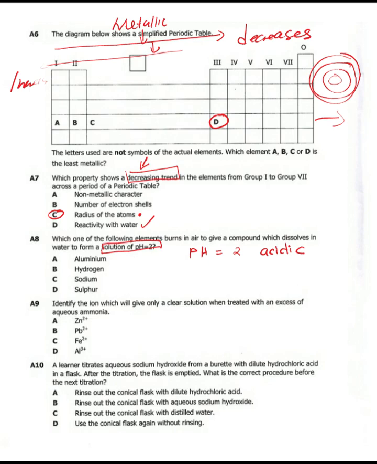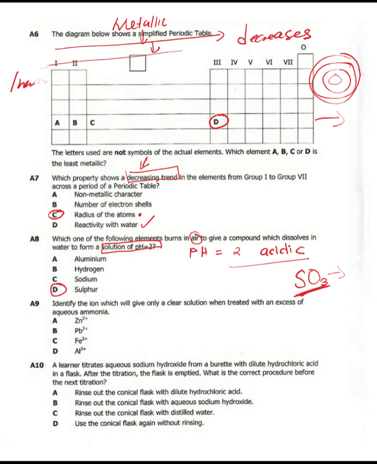So which compound here, when it burns in air, will form an acidic compound or solution? Sulfur. Sulfur will form sulfur dioxide when it burns. And this sulfur dioxide, when put in water, will form either sulfurous acid or sulfuric acid. But this is acidic.